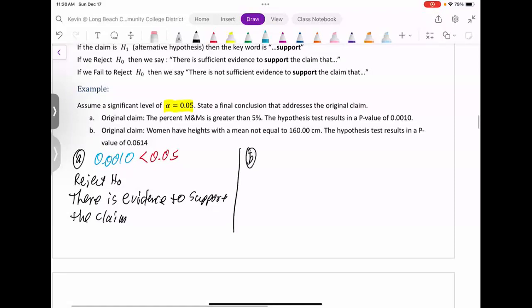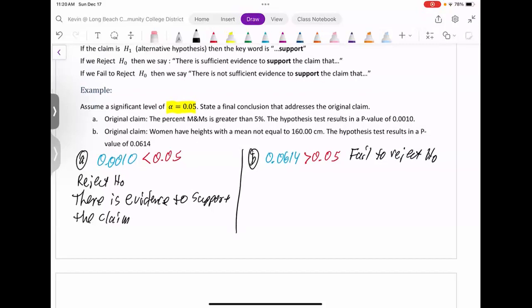Part B, our p-value in this case is bigger than our alpha. So we are going to fail to reject the null hypothesis.